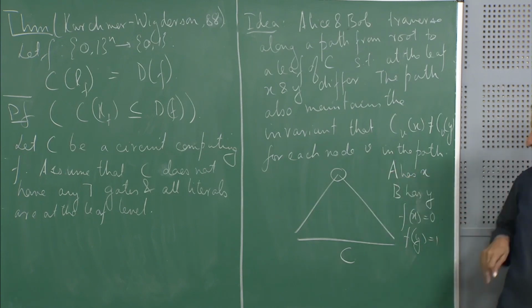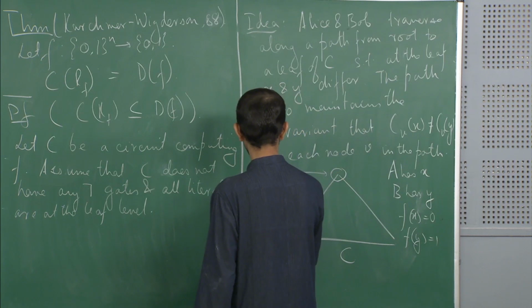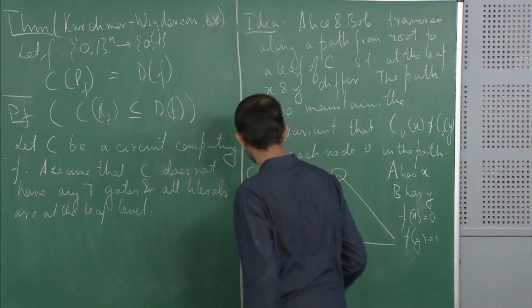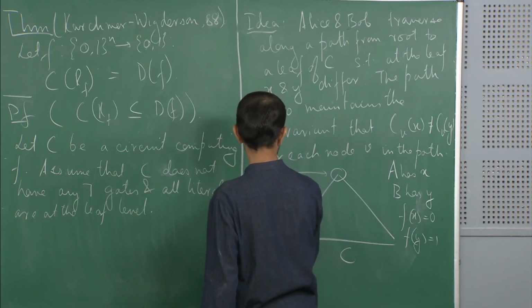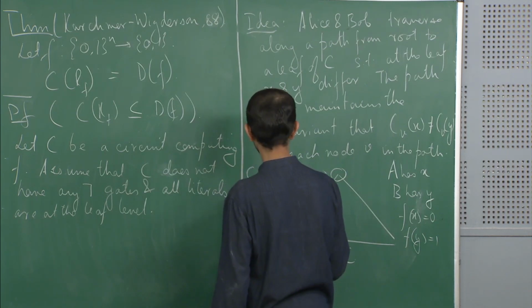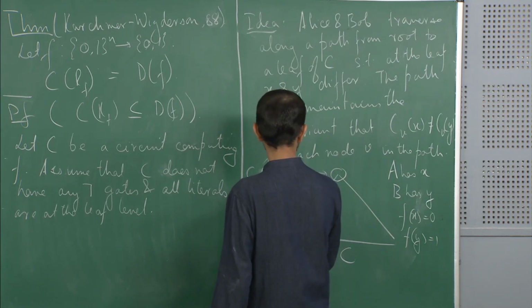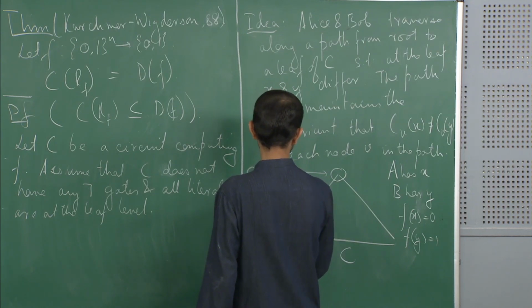At the root, I have the property that C of x is equal to 0 and C of y is equal to 1.